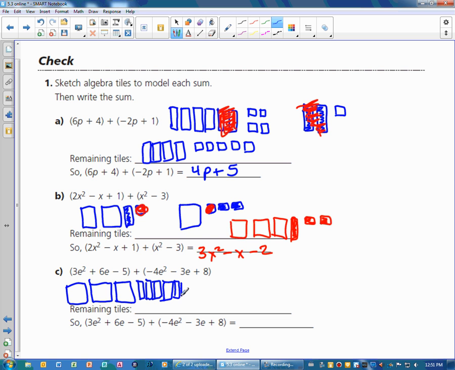Try to make them look like rectangles. I'm venturing into square zone. Don't. Positive, positive, but negative 5. So 5 little boxes that are shaded in to represent negative, or use colors if you want. Up to you. Okay. 3e squared plus 6e minus 5 plus 4e squared.